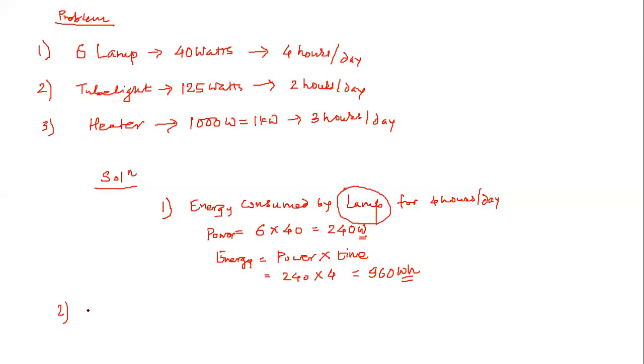I can write down for tube light, right? For tube light, only one tube light is there, right?